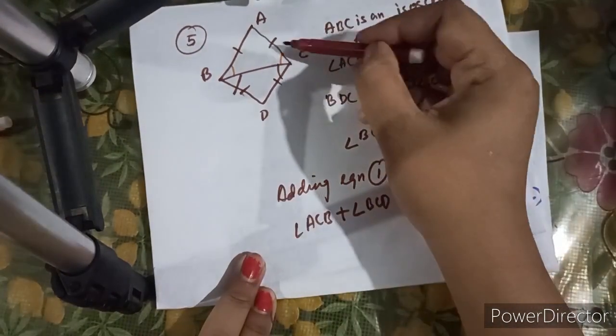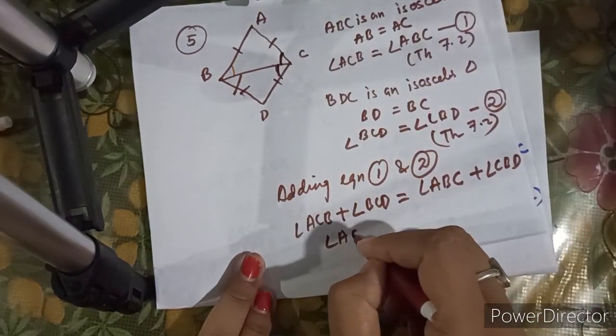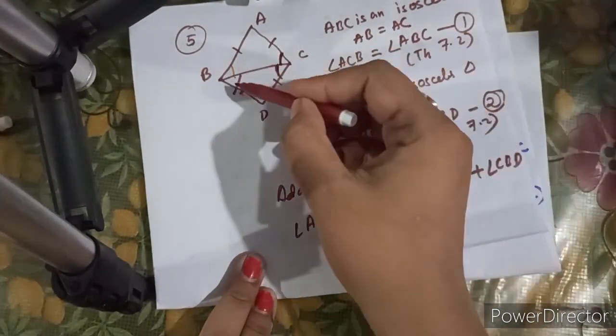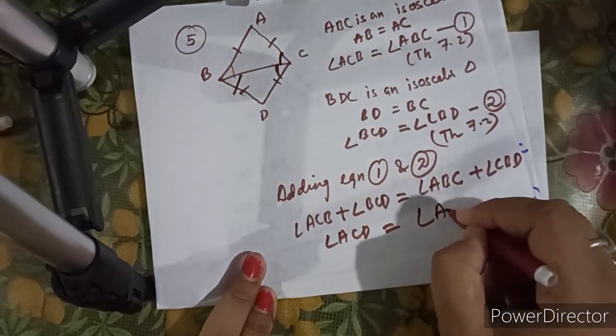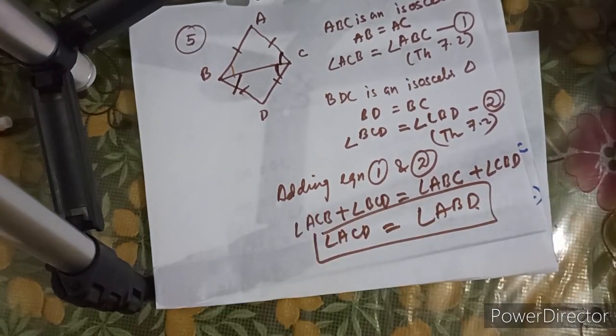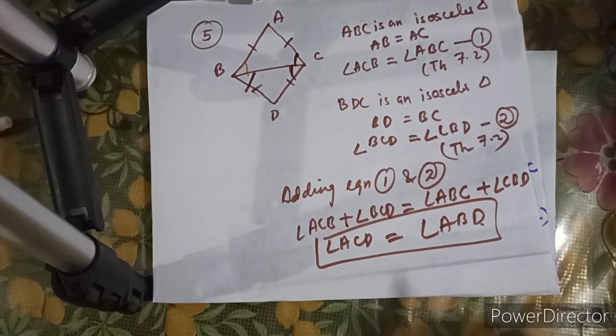So ACB, that is this angle plus this angle, will be equal to what? ACD. And angle ABC plus CBD, that is this part, if you add, what you are getting is ABD. So which is the required proof for question number 5. Simple. Okay, students?